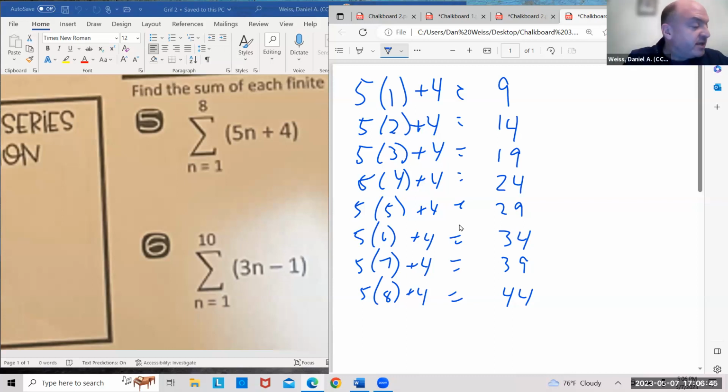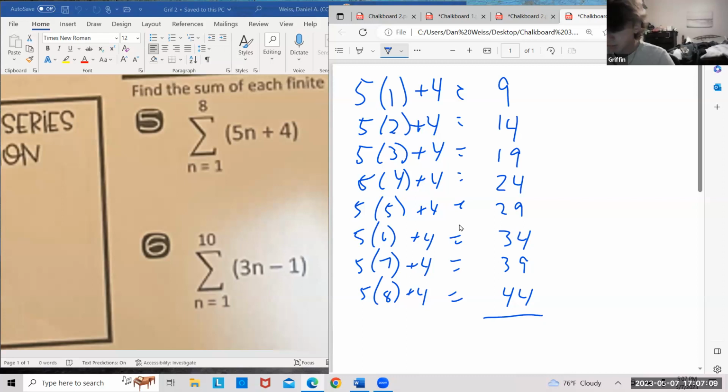And I think I'm going to get 216 like that first problem. Plus 19, plus 24, plus 29, plus 34, plus 39, plus 44.